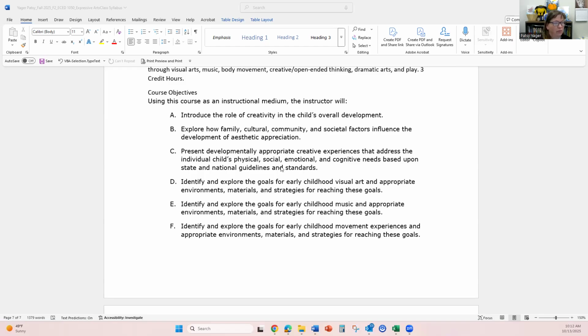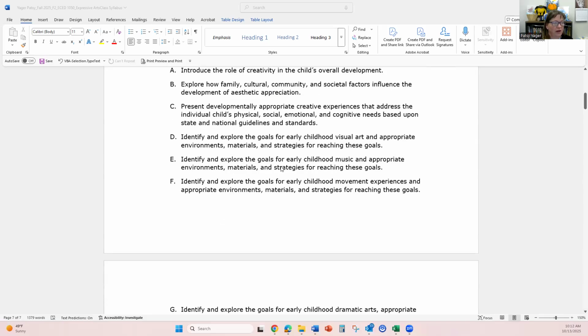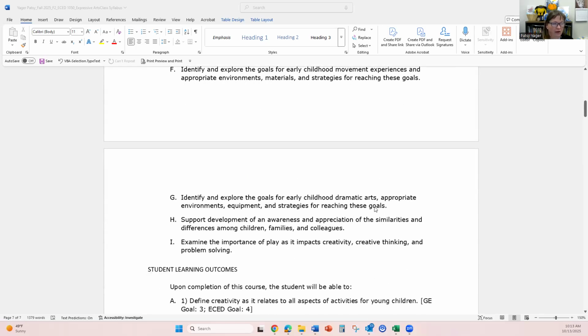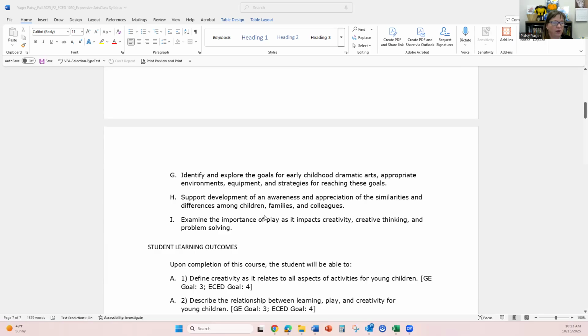We're going to look at developmentally appropriate practices, look at exploring the goals for the arts, identifying the goals for music, for visual arts, for movement, for dramatic art. We're going to look at how to help children develop that appreciation of similarities, differences, how we can develop that appreciation as well.